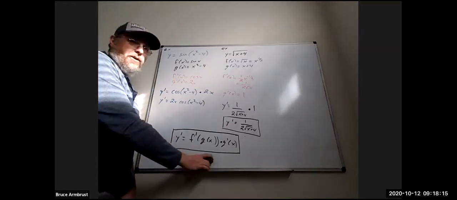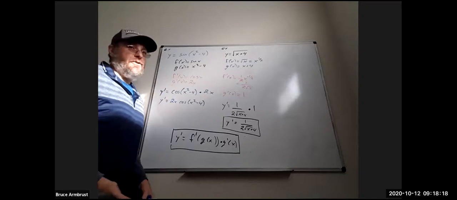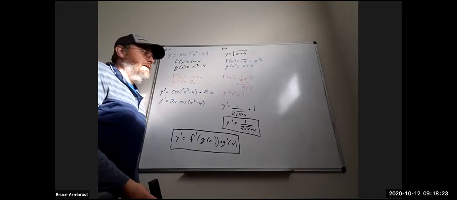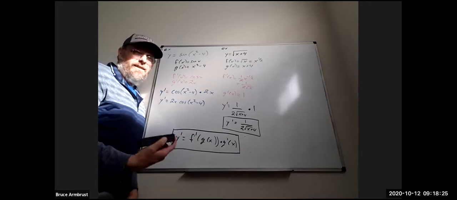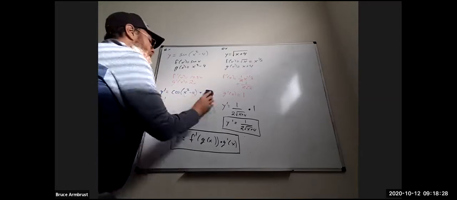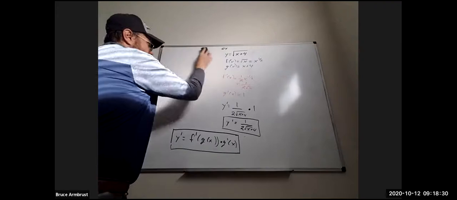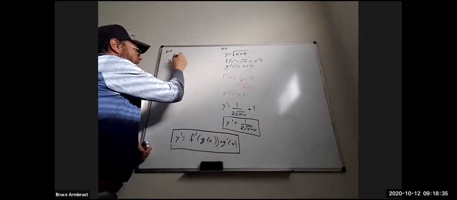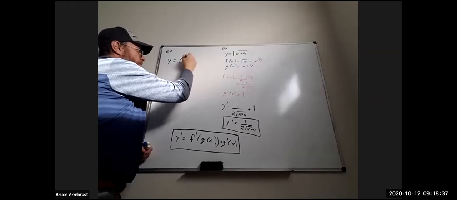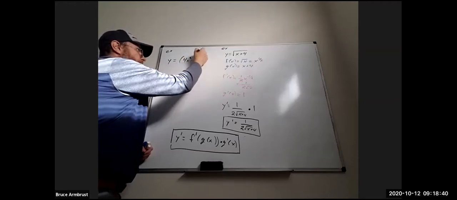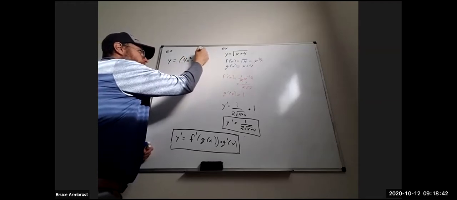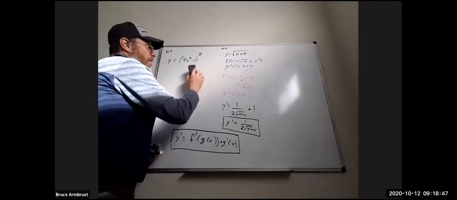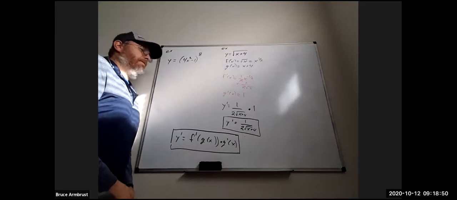Let me show you one more example where this is super useful, way faster than other methods, before I show you some quirky things with this. All right, how about this guy? What if we had y equals 4x squared minus 1, to the 8th, and I want to find its derivative?